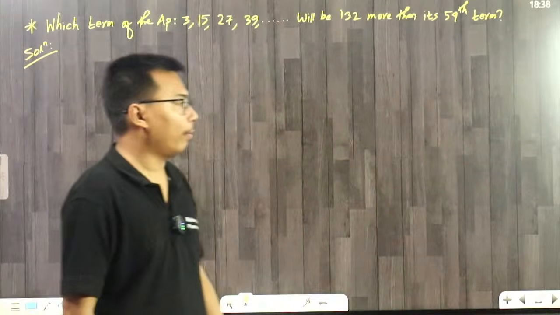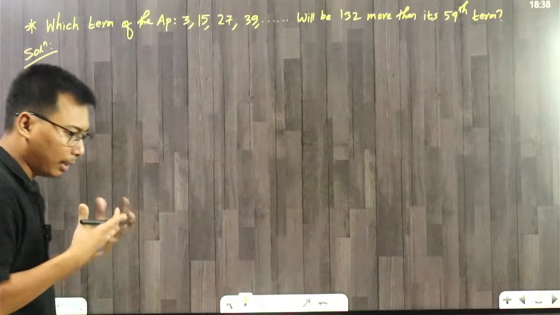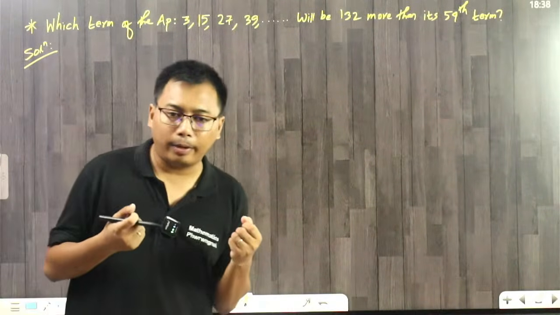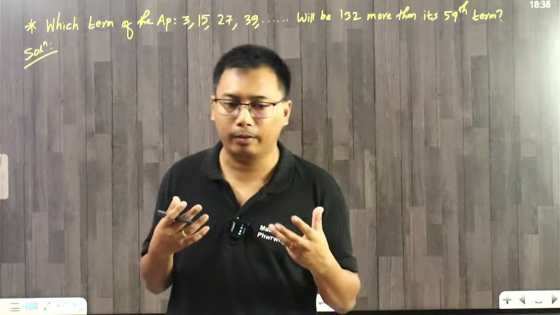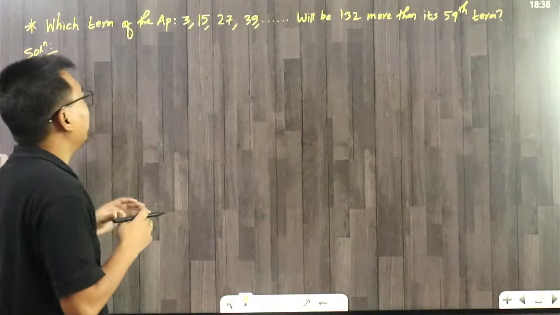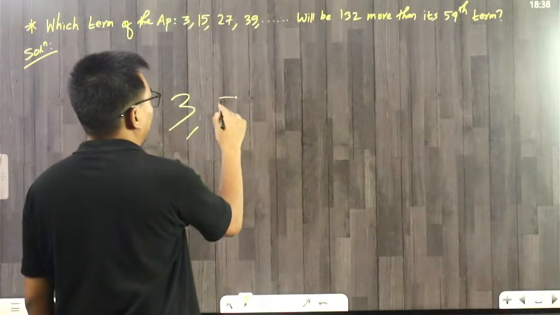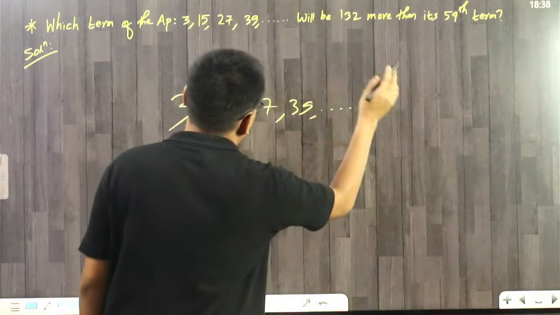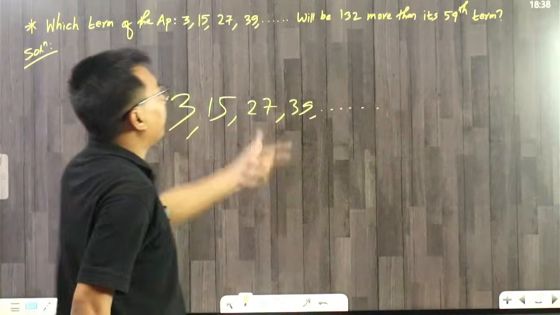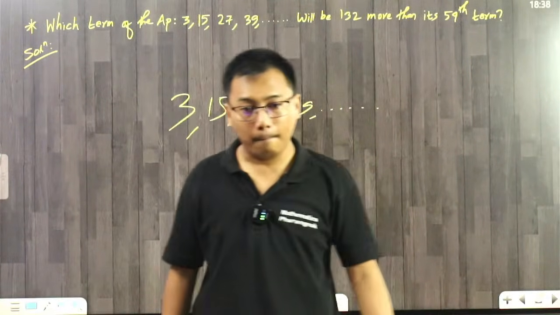First, we have to read the question properly and understand what it is asking us to find. We are given an AP. Which term of the AP will be 132 more than its 54th term?